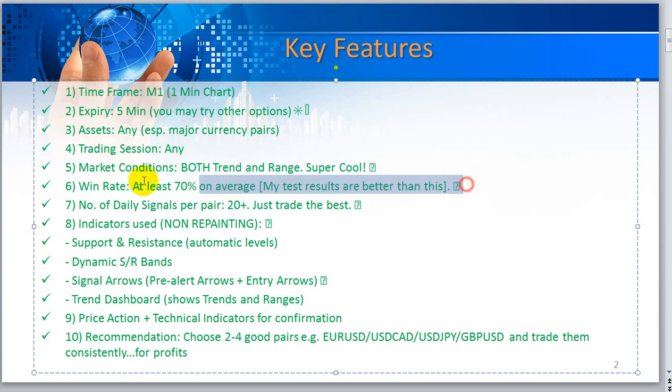The win rate from my back test, live test, testing on strategy tester, is consistently above 70%. I don't want to tell you 95%, you know that's not possible. I don't want to tell you 90%, you know it's not easy or it's not possible. I've had trading days where I hit 100% win rate in 10 trades, that's fine.